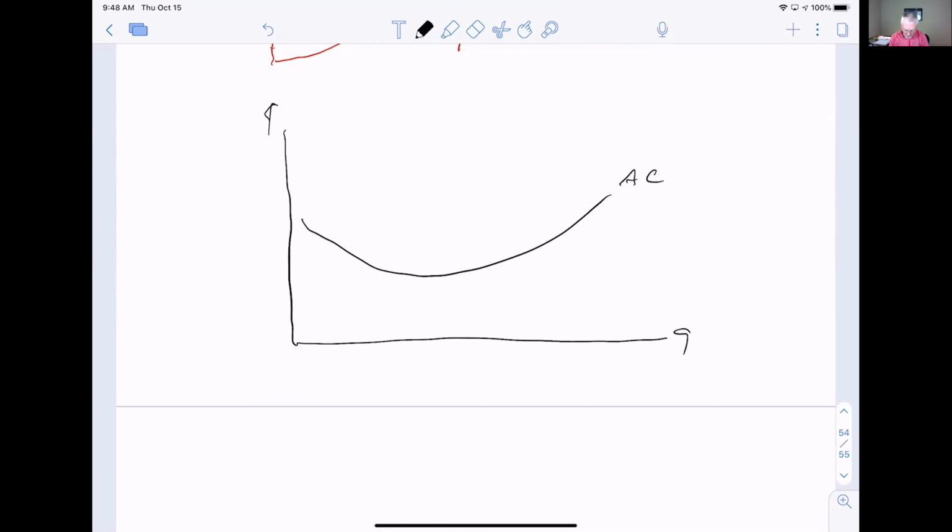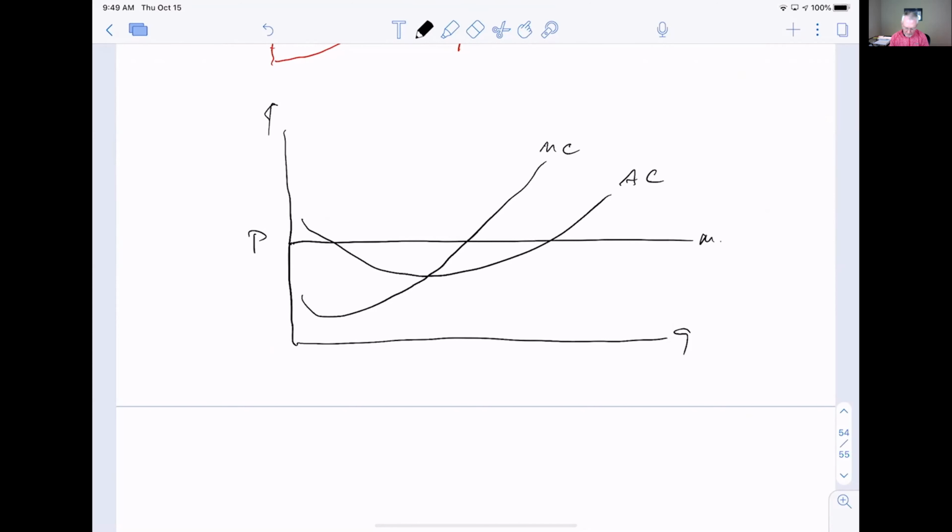And we have a marginal cost that intersects that average cost curve at its minimum point. And so when we introduce the firm's price curve or demand curve, remember this is the firm's demand curve, which is horizontal, then the firm will choose this level of output, which will be maximal because it is at this level of output that marginal cost is equal to marginal revenue.